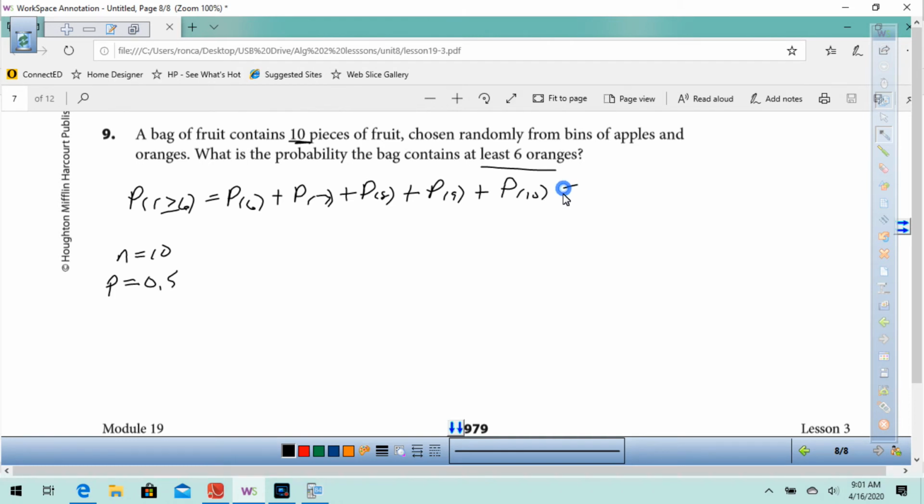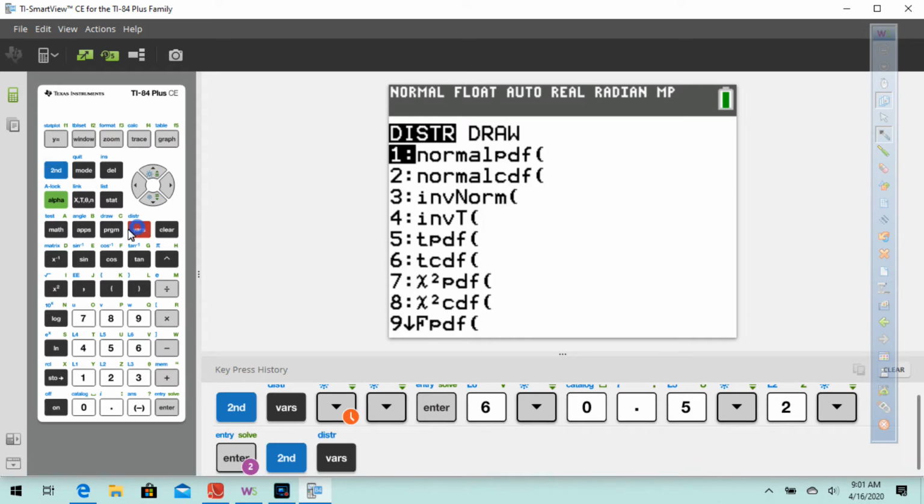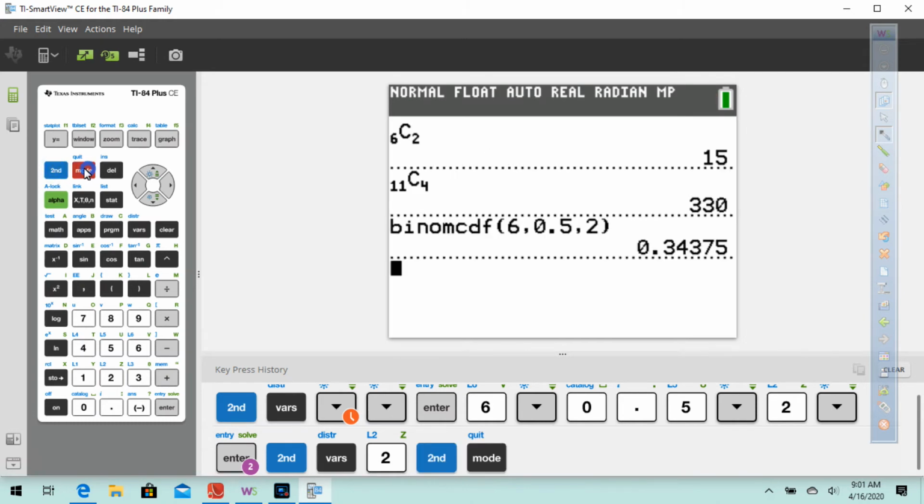So equals 0.377. Okay. Now, how do we do it in this one here? All right. So we've got second distribution. Oh, I did that wrong.